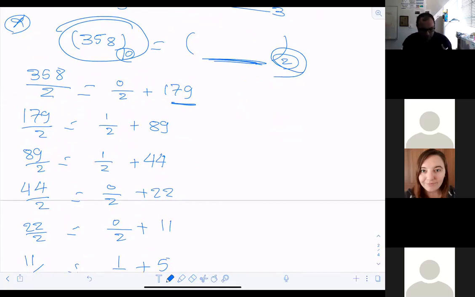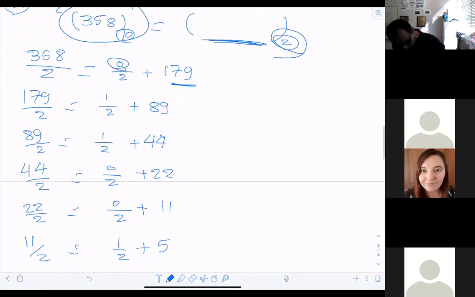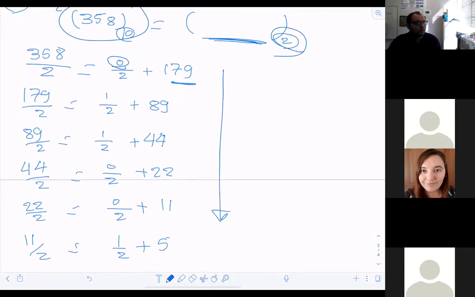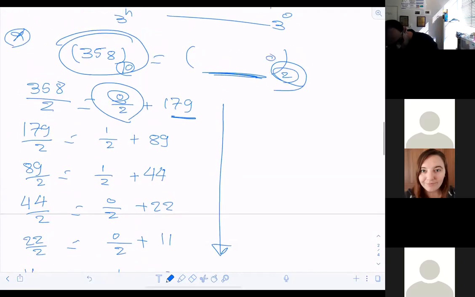So I will go from the top to the bottom and pick the numbers from the remainders. And I know for sure the digits are going to be either 0 or 1. That's it.